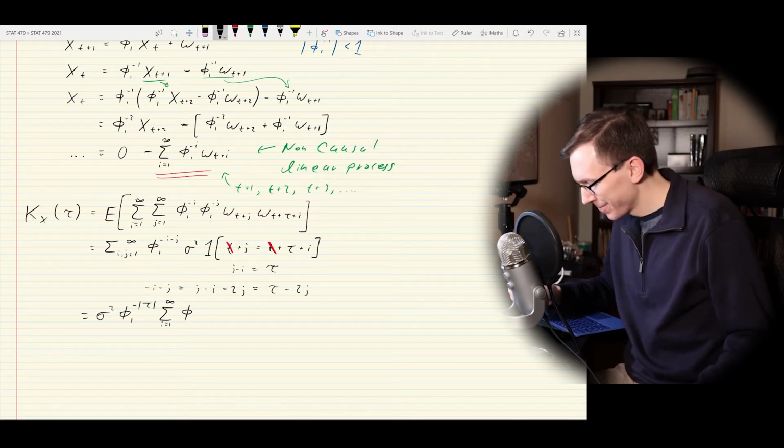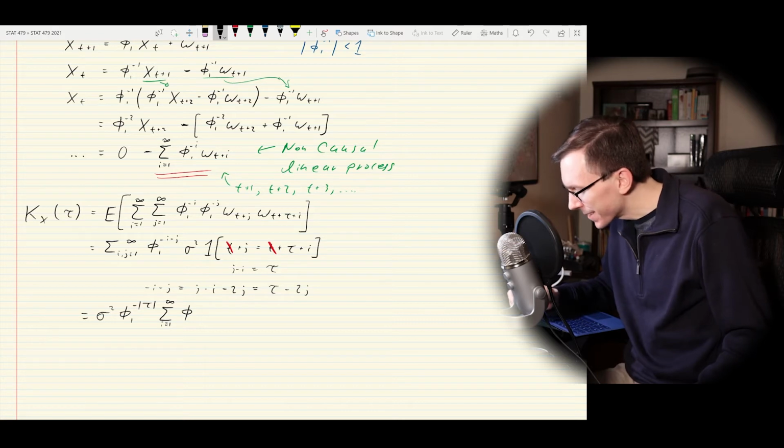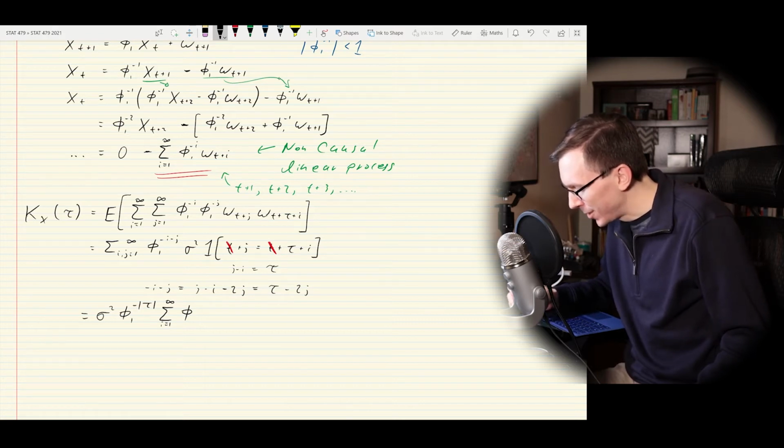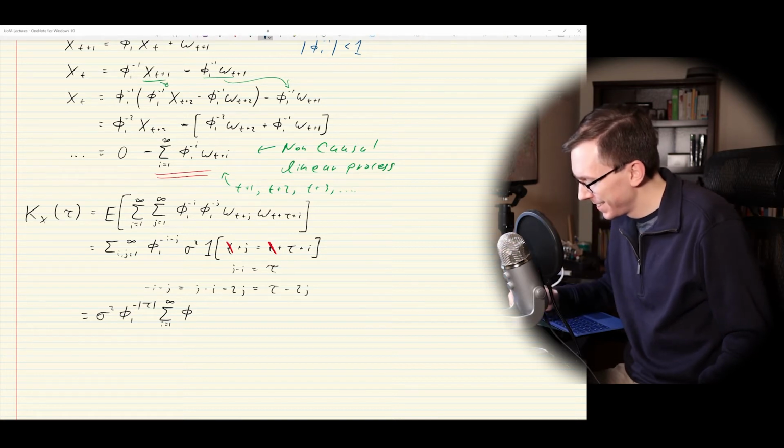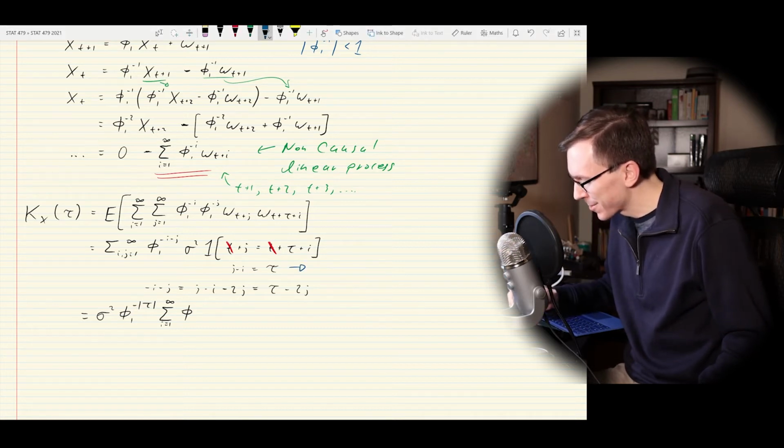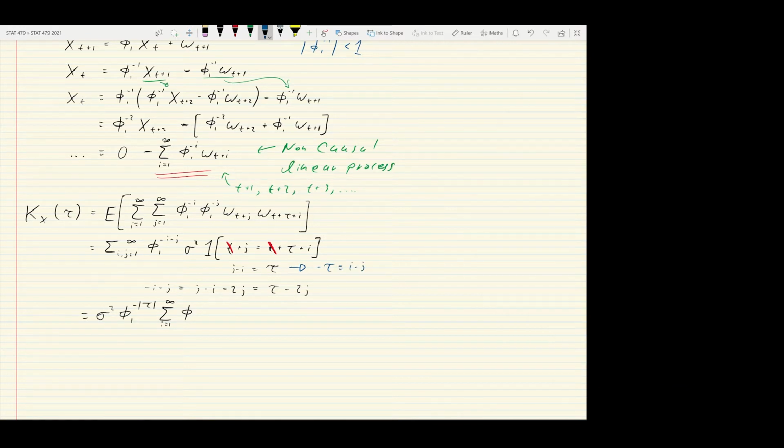So, man, these terms, I tell you. What I also need to do is flip this. I told you these things are a mess, right? We have minus tau is going to be i minus j. And then what I need to do is write this thing, or sorry, write.